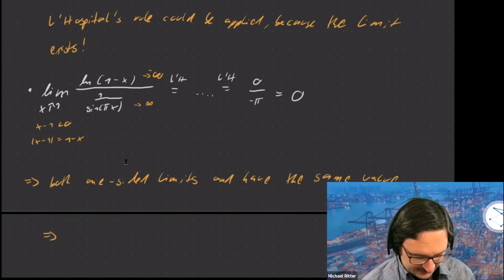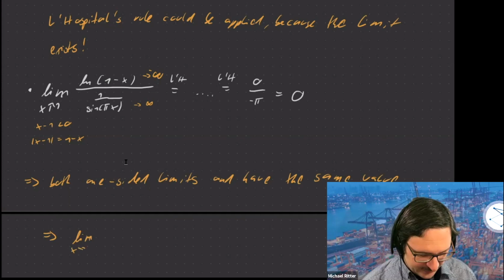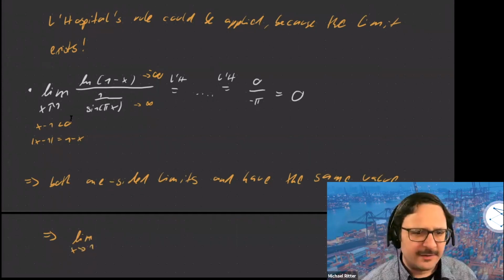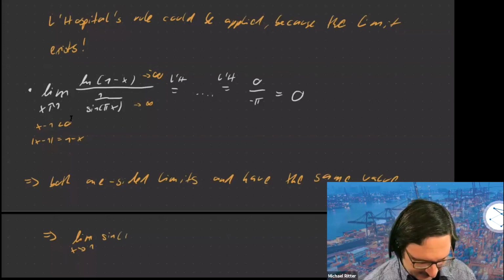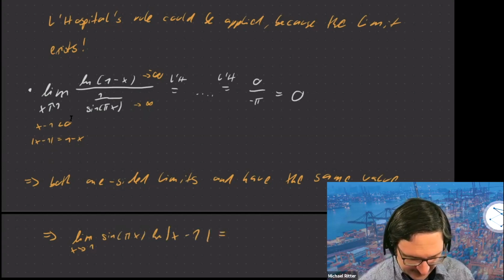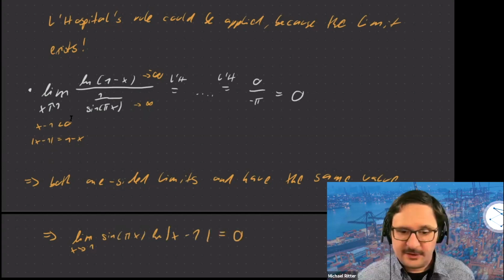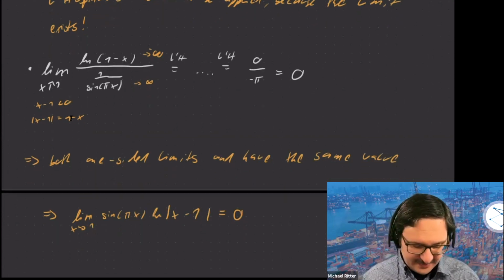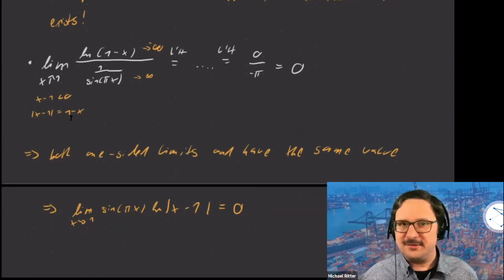And that means the limit that we started with, x tends to 1, of sine of pi x times the ln of the absolute value of x minus 1, exists and has also that value, which is 0. So we finally succeeded in computing the limit that we started with.